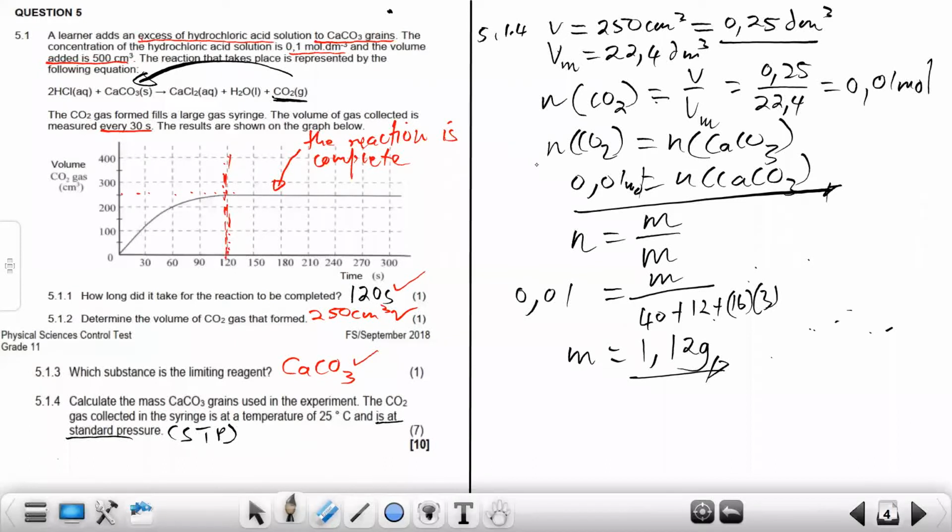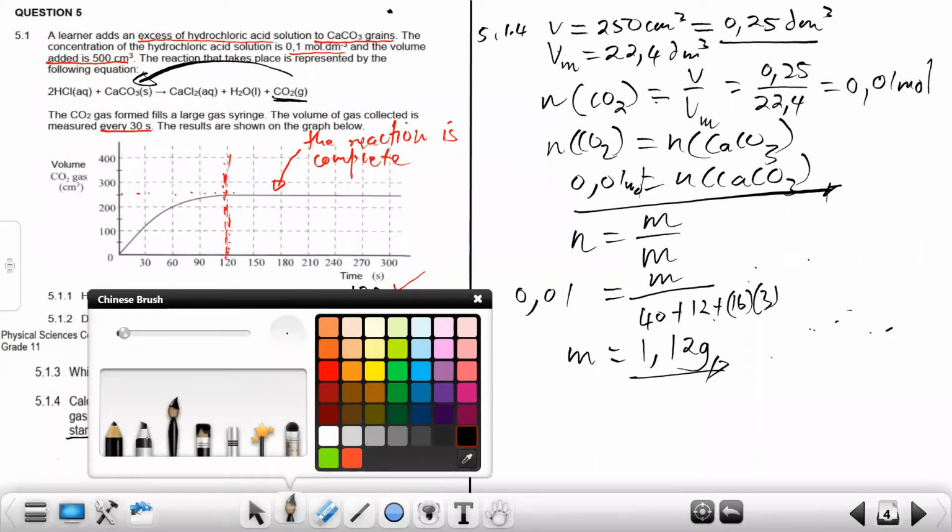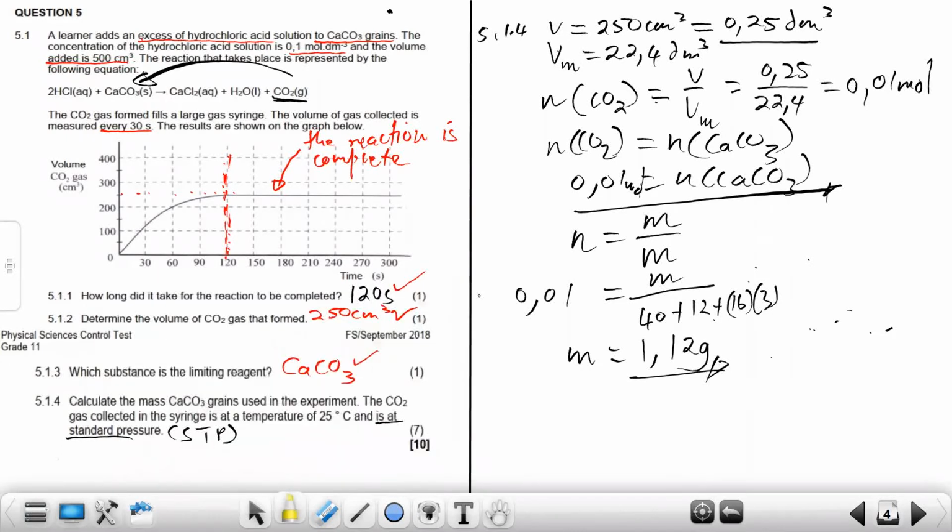5.1.3, from the statement already: a learner adds excess hydrochloric acid. Let me highlight it. They are telling us that hydrochloric acid is in excess. So if we check this reaction, it is the reaction of HCl and calcium carbonate.